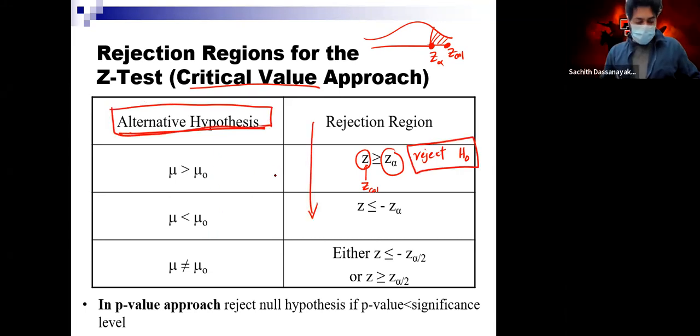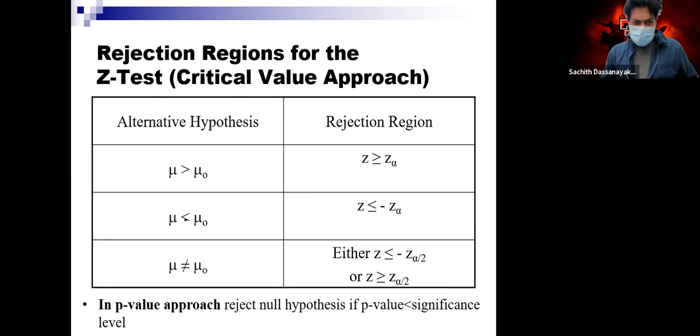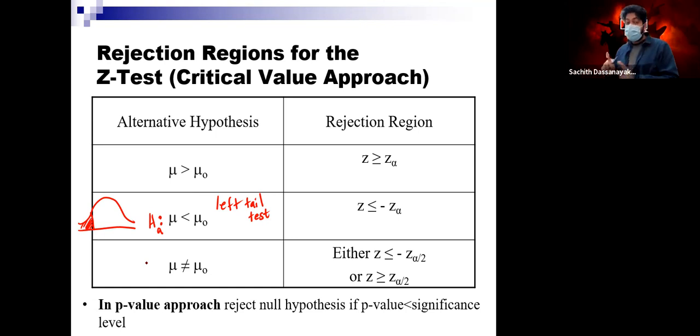Check this one, this is what I mean. This is your HA. So this is a left tail test, right? Now I'm talking about the critical value approach. What is your rejection point, the critical value?